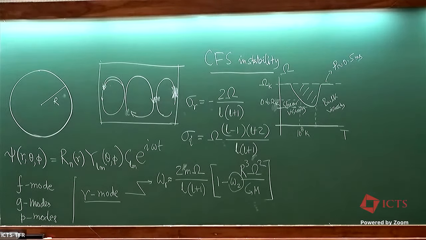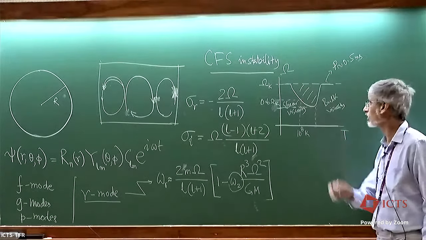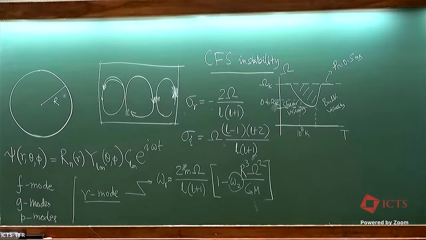Now, once these r-mode oscillations are present, the neutron star is going to lose angular momentum, not only due to the electromagnetic torque that I was talking about yesterday, which spins down the pulsar, but also due to gravitational waves. This combined torque is going to spin down the star quite rapidly. So as long as the r-mode oscillation is active, you will have a fast spin down of the neutron star.